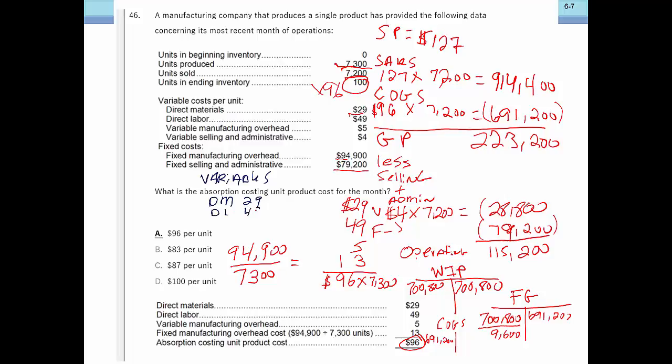That's 49. How about variable manufacturing overhead? Got to pick that up. How much is that? $5. Okay. Should I pick up anything else for my product costs? So if I'm doing my variable, I should get what, 83?